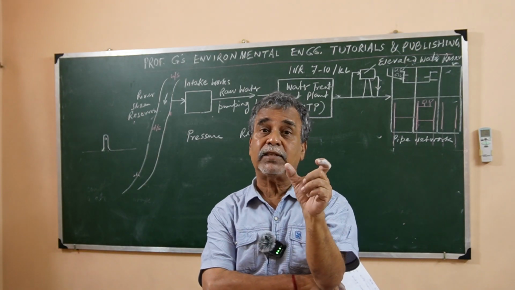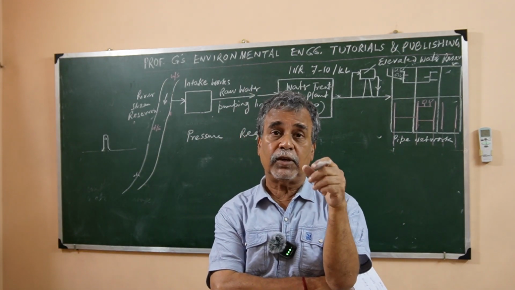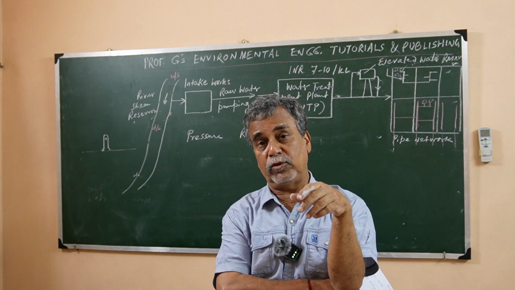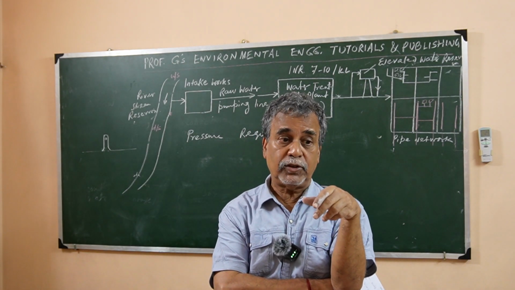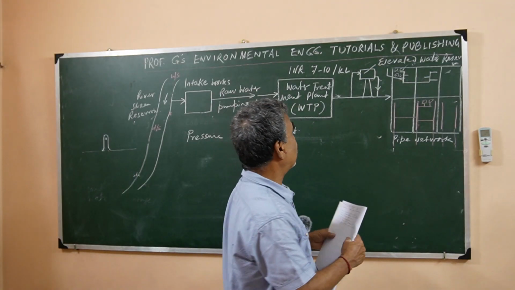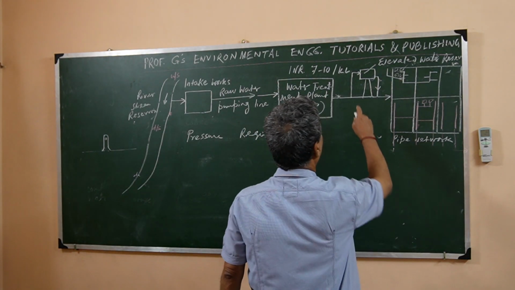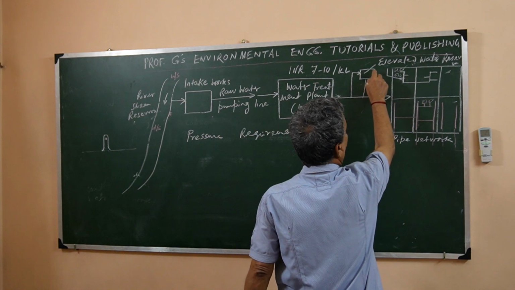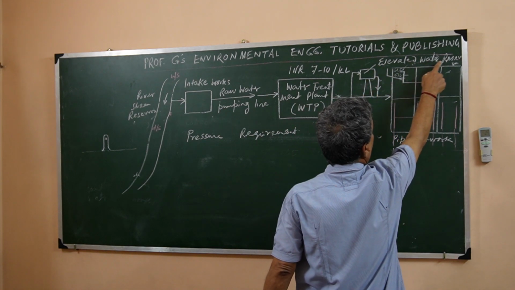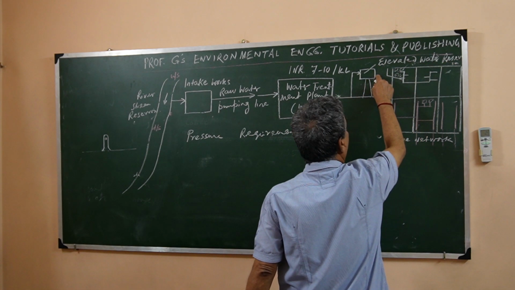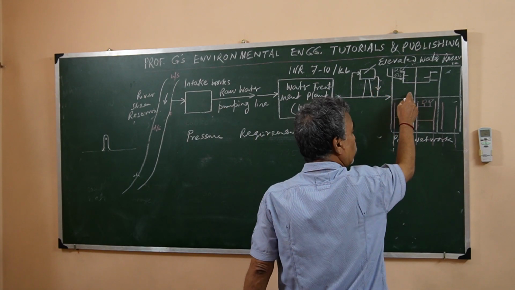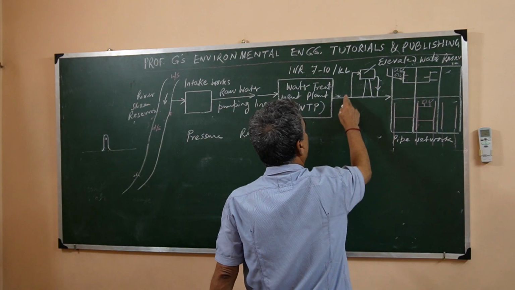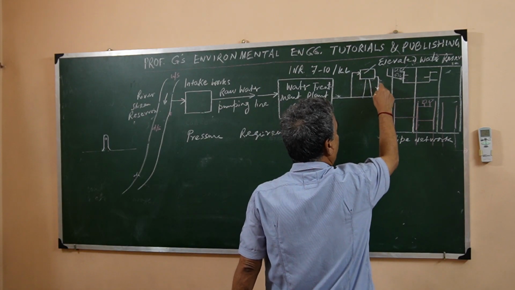Suppose in the morning 2 or 3 hours, or at noon 1 or 2 hours, and in the evening. In that case, the water is stored in the elevated reservoir, and from there it is supplied, regulated intermittently or continuously. So it is pumped here and then supplied through this.